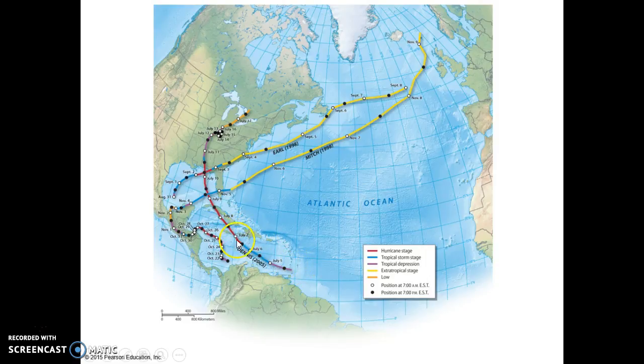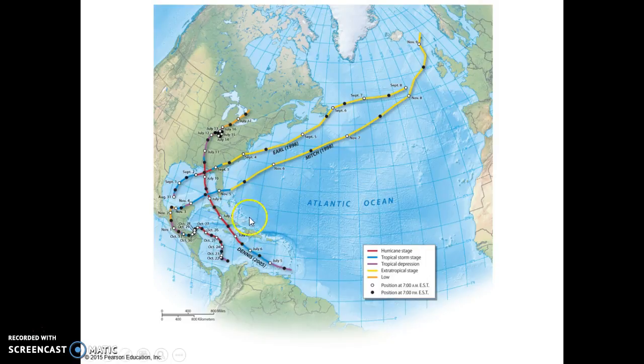Because of the warm water temperatures, we get hurricanes, so very often in the Caribbean we get hurricanes. There was the most recent one, Hurricane Matthew, that hit Haiti this year, about a month ago, very recently, and I think over 1,000 people unfortunately died because of this hurricane.